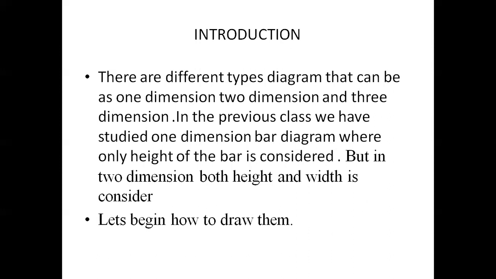Under the one-dimension diagram, we consider that the heights of the bars are different, but the width of the bars is equal. But in case of rectangles or two-dimensional diagrams, both height and width of all the diagrams are different.